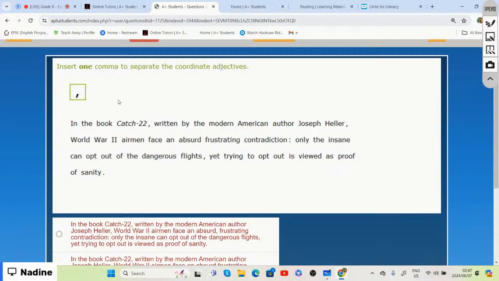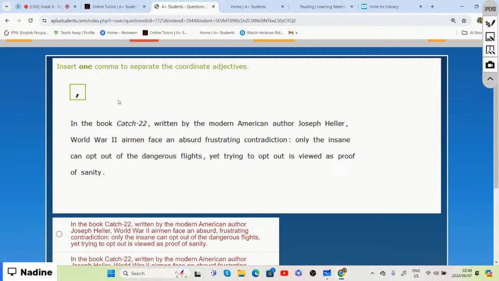All right, so that is the end of our lesson on coordinate adjectives. We see that coordinate adjectives are two adjectives or words that are next to each other and describe a noun. Once a comma is added in between those two words and the sentence doesn't change, then we can say it's a coordinate adjective.